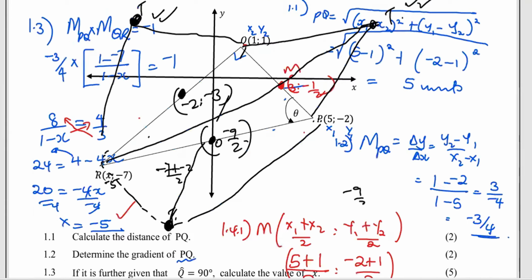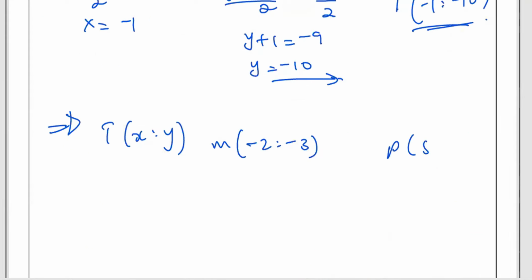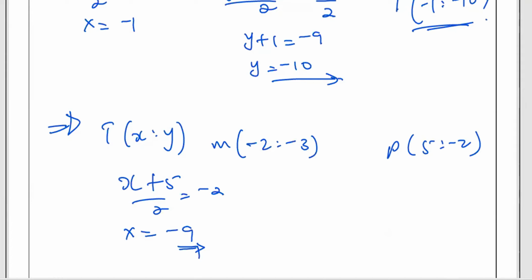And then we're going to be using point P, which is (5, -2). So (x plus 5) divided by 2 must give us -2. Multiply both sides by 2, meaning that x is going to be -9. And then (y plus -2) divided by 2 must give us -3. Cross multiply: y minus 2 gives us -6.